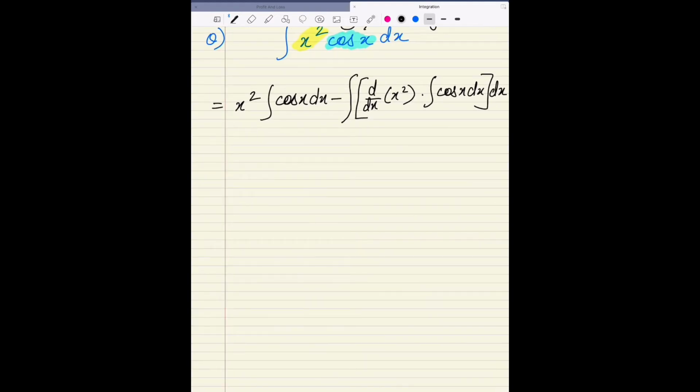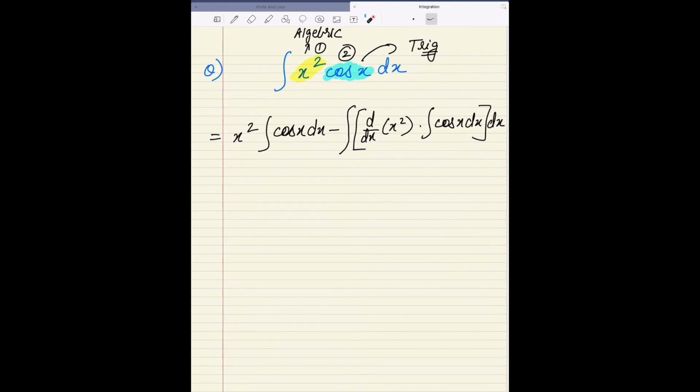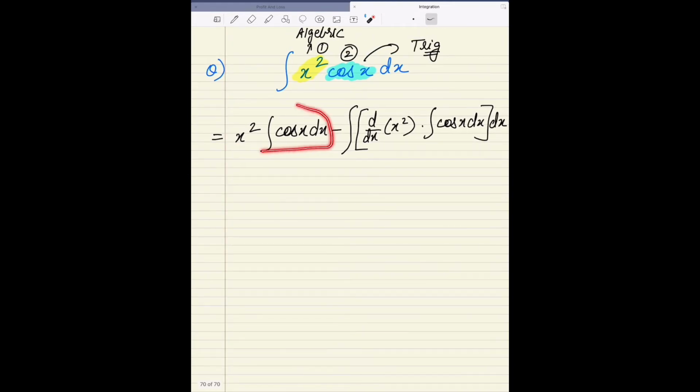Just to tell this again, keep the first function as it is, do not touch it, so write it first and get it over with. Then integrate the second function, which is cos x, minus whole integral of, differentiate the first, so we differentiate it, multiplied by, copy this as it is, integrate the second function, then put a bracket, close the bracket over here and put a dx again.